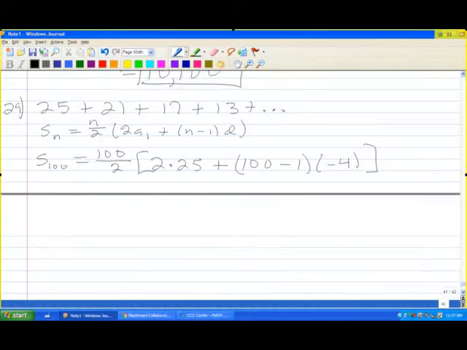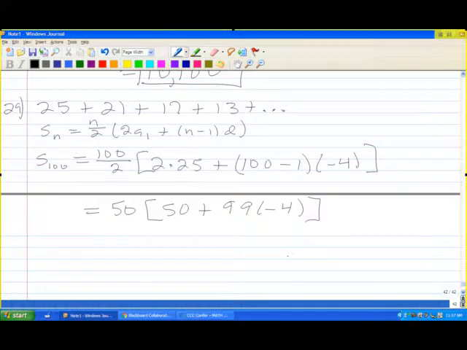And so this is equal to 50 times (50 plus 99 times negative 4). And so I get 50 times (50 minus 396).